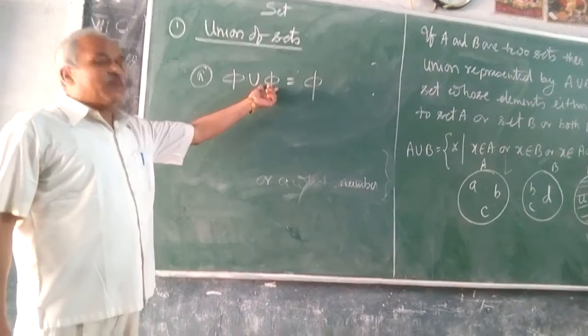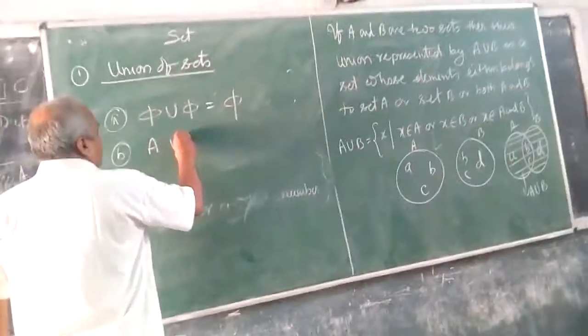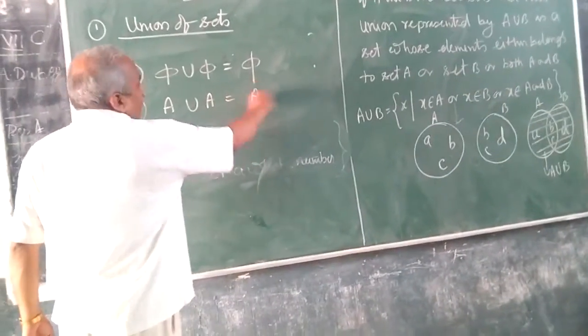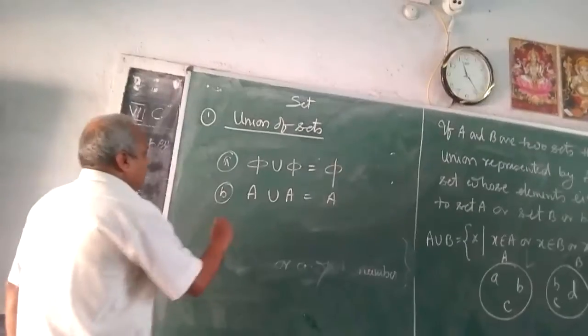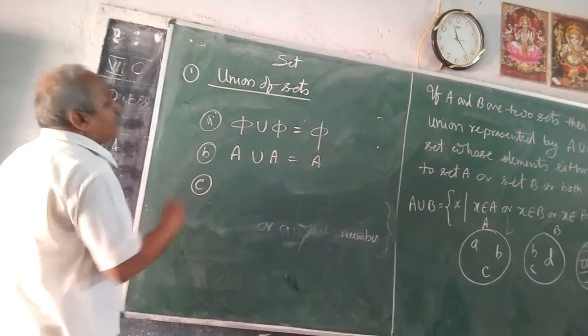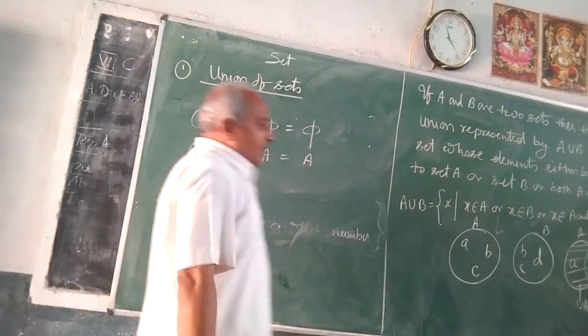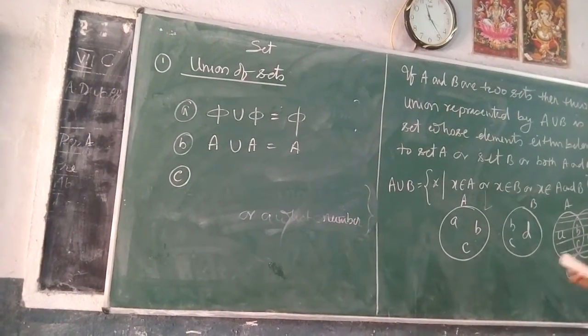It is another set which has no element. Both are united, then there will be no element. Suppose I write A union A equal to A also. A is assembled with A. It is A. Okay, these are the two rules. Now I hope the union is clear to all of you.